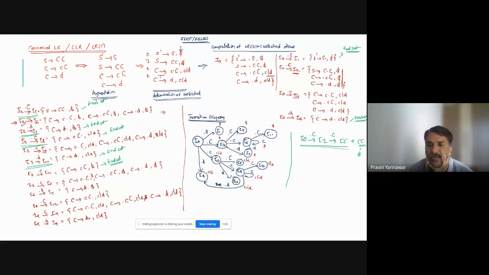And then I can go with the D. So if I go with I0 to I3, I3 to I9, I9 to I4, this is with the small c, this is again with the small c, this is again with the small c, like this is one c, second c, and then we can go for D. Okay, so as we have expected, it is coming in the same way, right? So this is how you can go with the canonical LR parsing. The parsing table is going to be the same here.